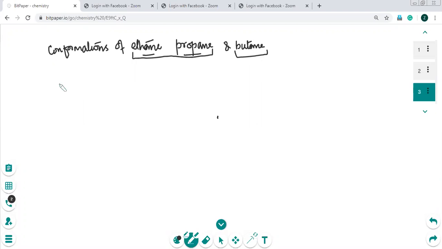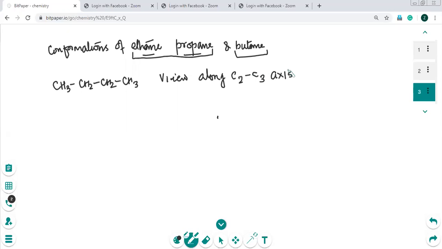Now look at butane. Butane is CH3, CH2, CH2, CH3. Now I asked you to view the molecule along the C2, C3 axis.